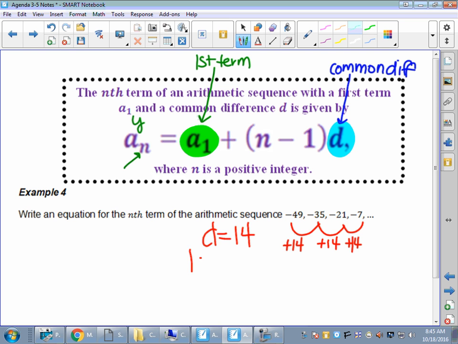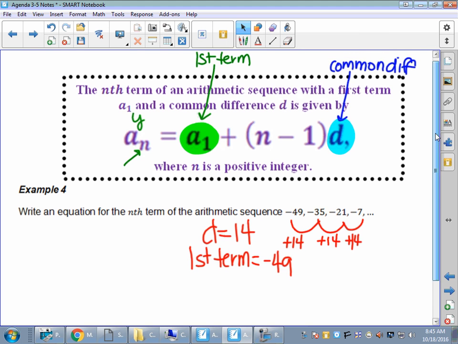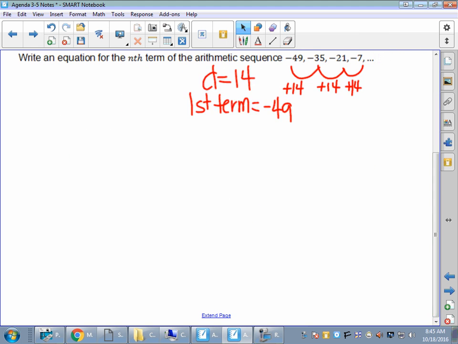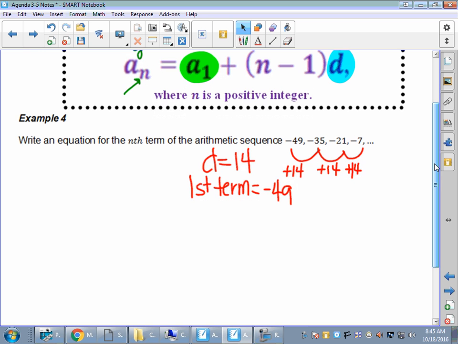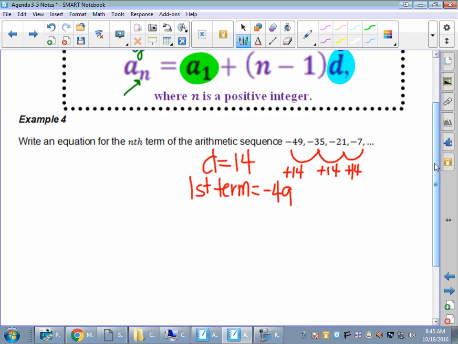What's the first term in this series? Well, the first term that I give you is a negative 49. So we have everything we need. Those two highlighted things right there, I just wrote those down. So let's write ourselves an equation. We're going to keep that a sub n, even though it looks weird.